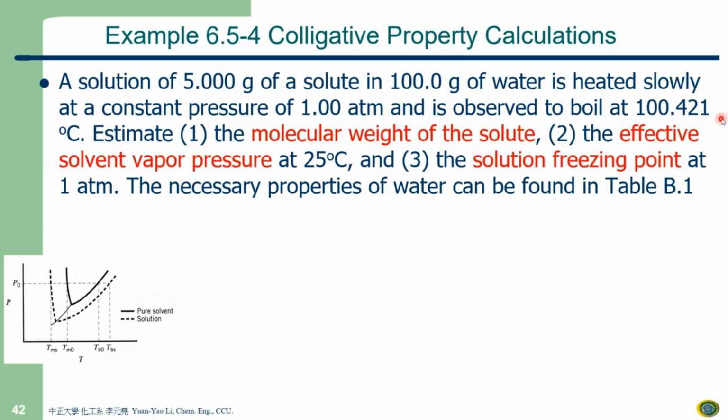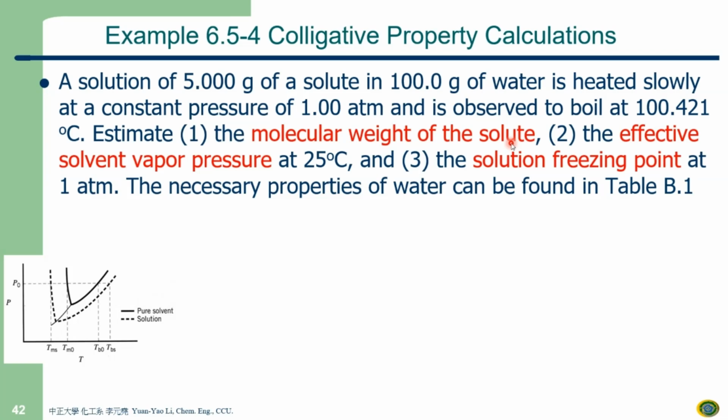100.421. So you know the delta T will be 0.421. Okay? And estimate the molecular weight of the solute. I want you to know what's the material you put into the water. Is it sugar or is it another species? When you analyze this molecular weight, you can guess what is the material you put into the water.